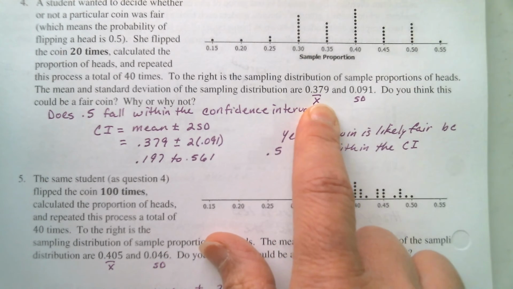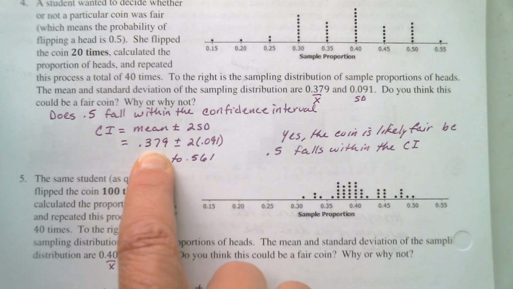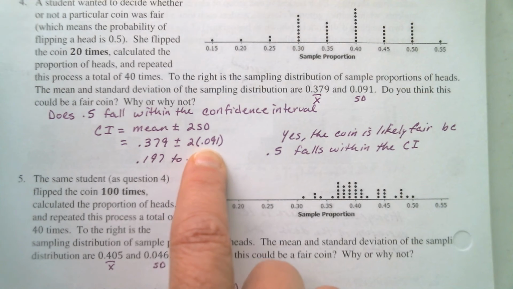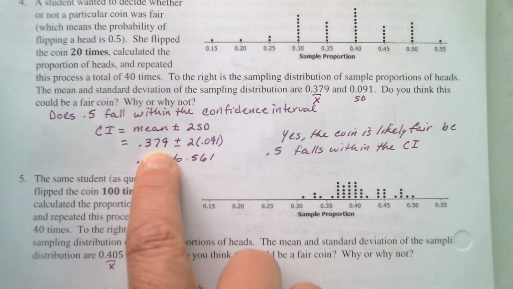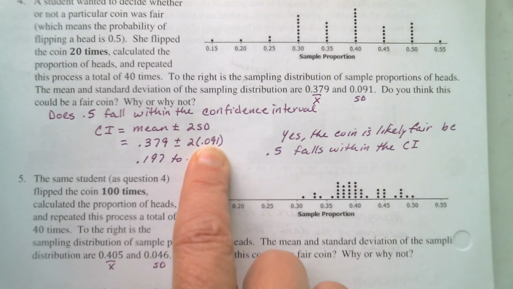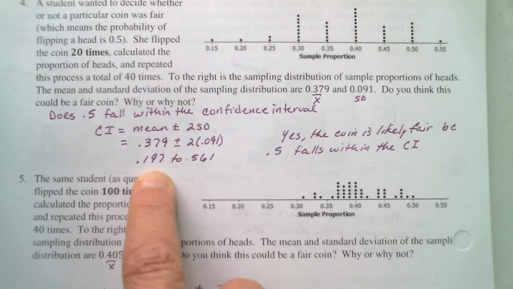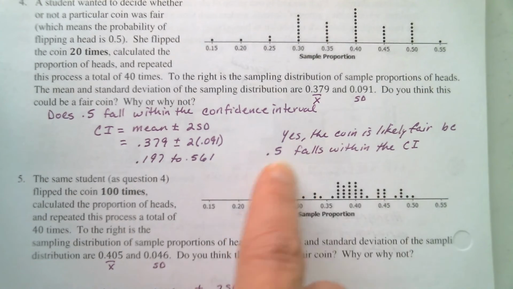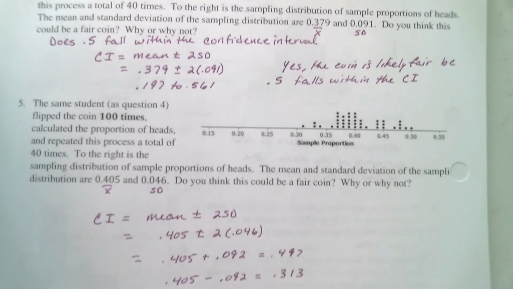Taking the mean of 0.379, you add 2 times the standard deviation 0.091 and get 0.561, and take the mean, subtract 2 times 0.091 and get 0.197. And 0.5 is within this range. So yes, the coin is likely fair because 0.5 falls within the confidence interval.